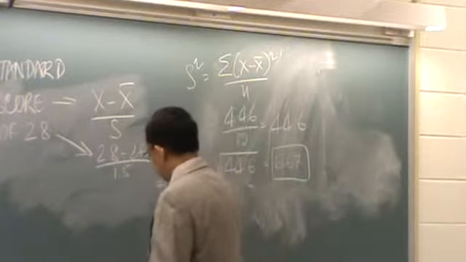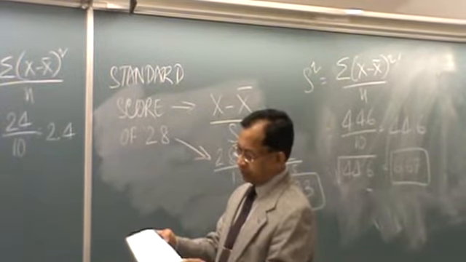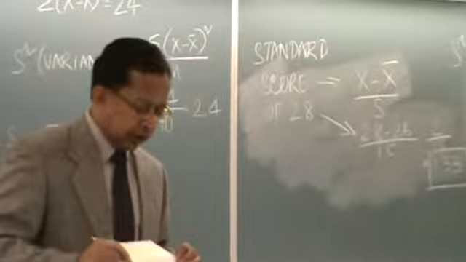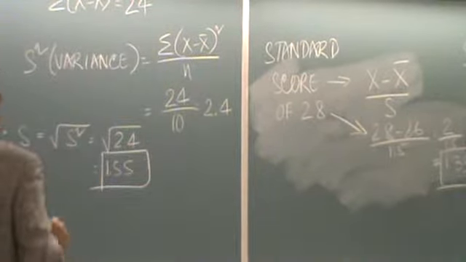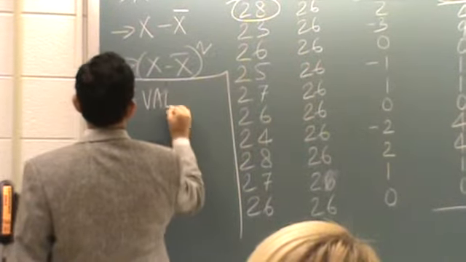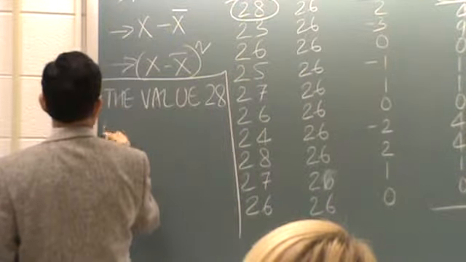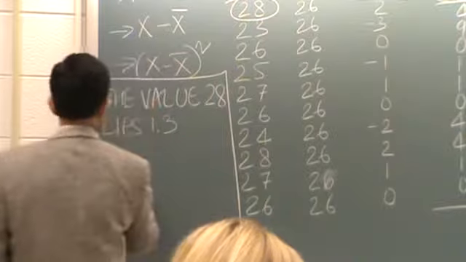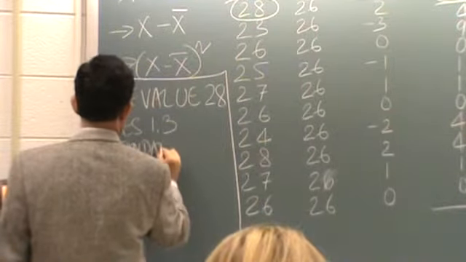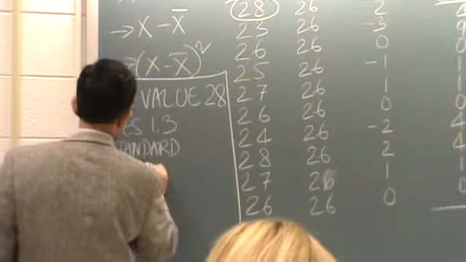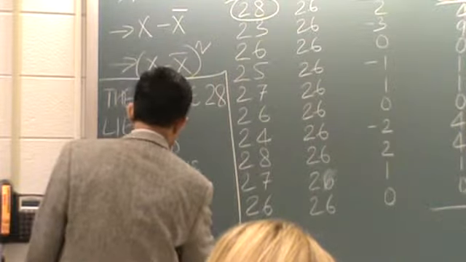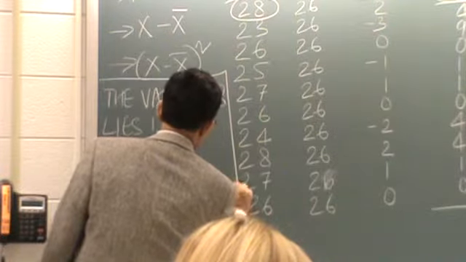This is exactly what we write. The value 28 lies 1.3 standard deviations above the mean.